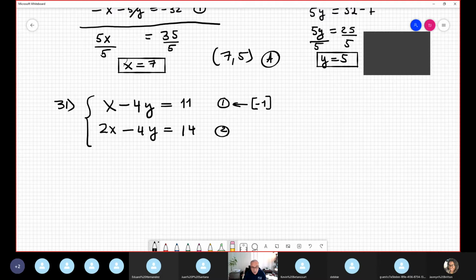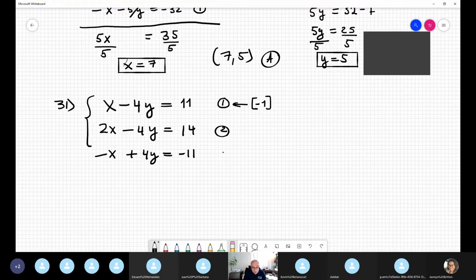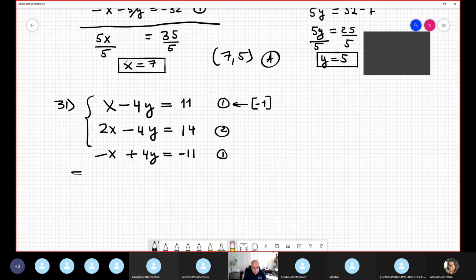Because I guarantee when you multiply by -1, at least this -4 becomes +4. When you multiply -1 times x is -x. When you multiply -4 times -1 is +4. And the right-hand side, 11, is negative. And this is my new equation 1, equivalent to the original.